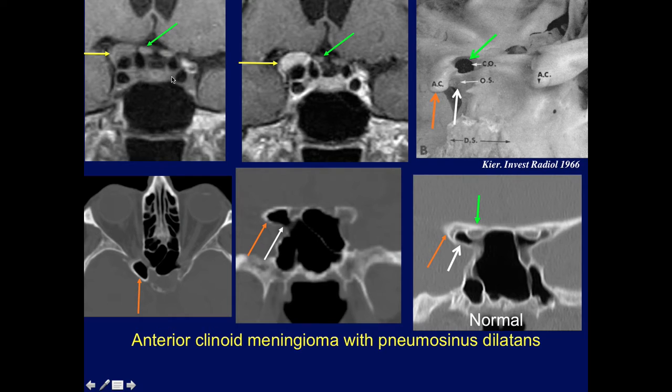Here's another case of a smaller anterior clinoid meningioma, pre and post contrast. And if we look at the axial CT, we can see how this clinoid is pneumatized much more in comparison to the other side.